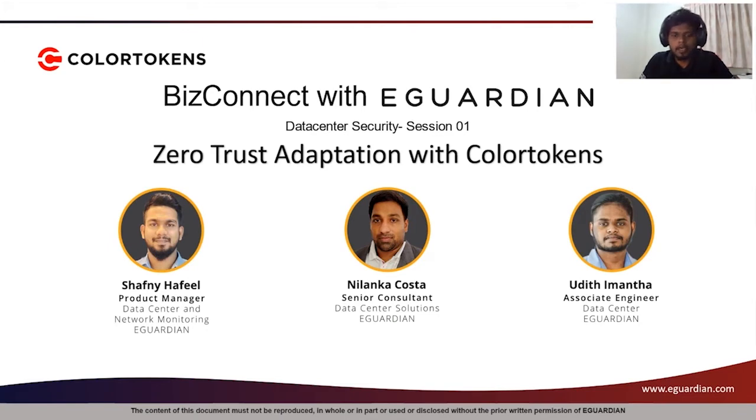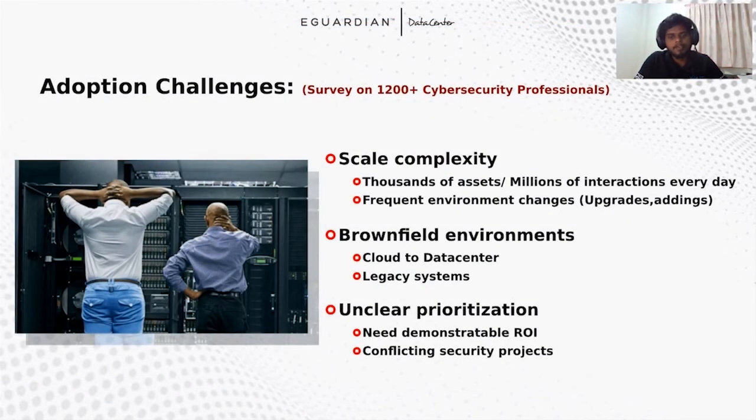So Shafni, there are 3 things that rose to the top in terms of where customers are struggling with zero trust. So one is the complexity. In any decent size enterprise, the complexity is mind-boggling. If you have thousands of assets, you have millions of interactions between those assets, and you have literally trillions of transactions.